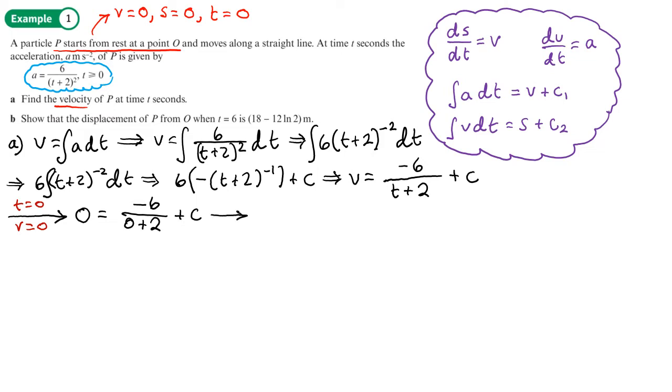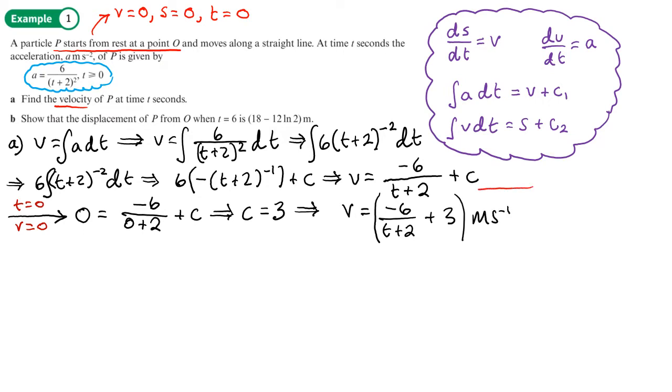So that just gives us that c equals 3. So our final expression for v is going to be negative 6 over (t plus 2) plus 3, and that is meters per second as it's a velocity. So let's just highlight that before we move on.